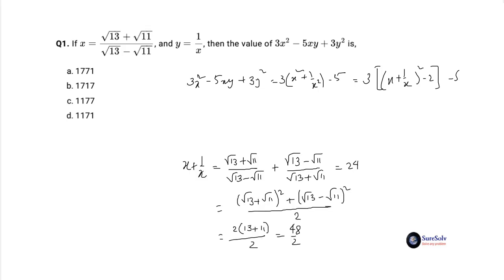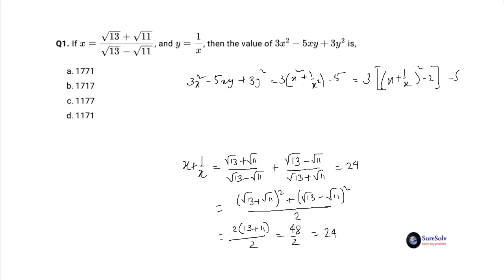The denominator of the fraction sum of surds has been just 2, and in the numerator when squares of two surd expressions are added, the surd middle terms are cancelled out to the result of 48. On division by denominator 2, value of x plus 1 by x becomes 24.